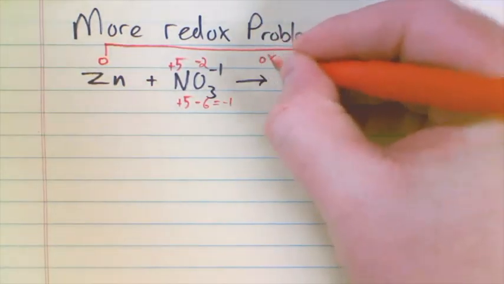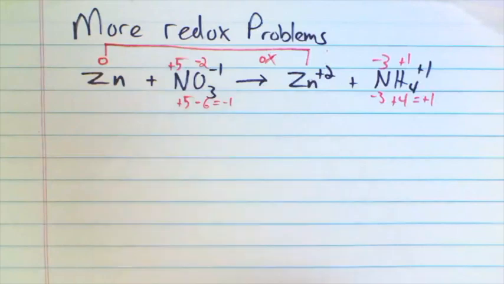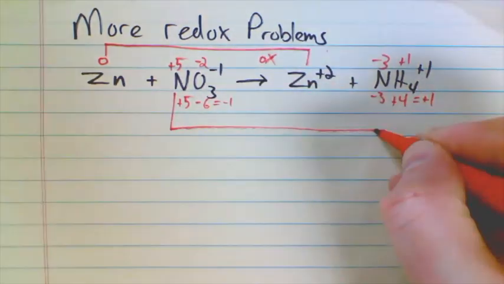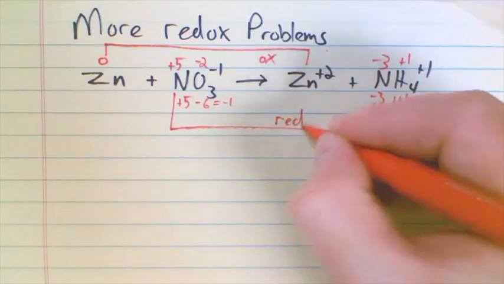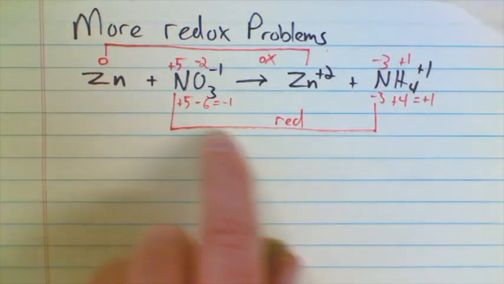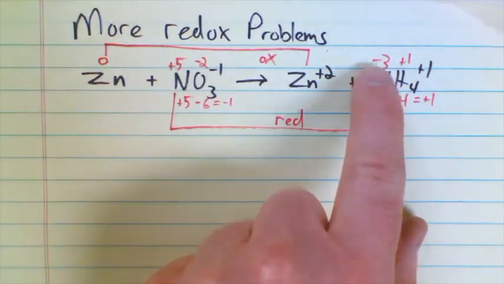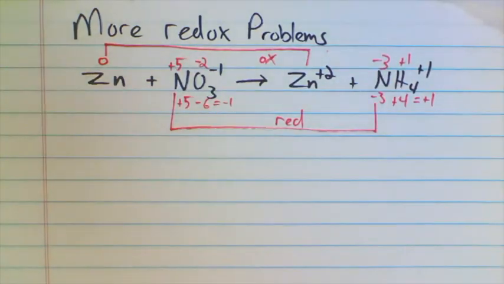So that's our oxidation. And then, just by default, nitrogen has to be our reduction. And that does follow the reduction rules. Reduction is a gain in electrons. It's getting more negative. In fact, this one's getting so negative, it's actually a negative number for an oxidation number. Sometimes it'll just get less positive, but in this case, it's getting all the way negative.